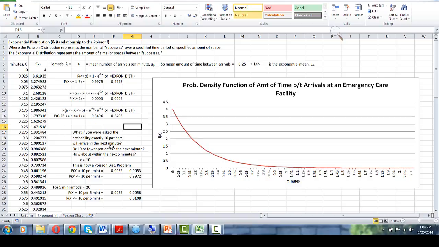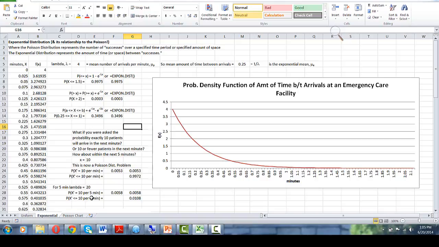This is the number of arrivals over a certain amount of time, in this case a minute. So what's the probability x will equal 10 arrivals per minute? And I just put a prime there to distinguish it from the time x up here. This is the arrival x, number of arrivals.